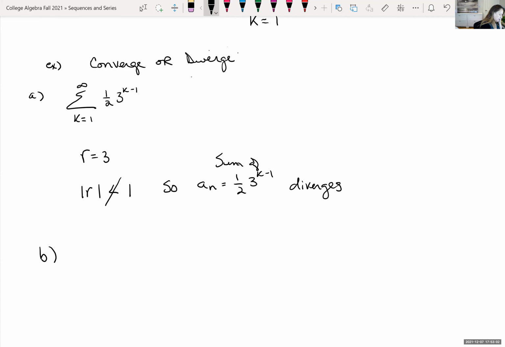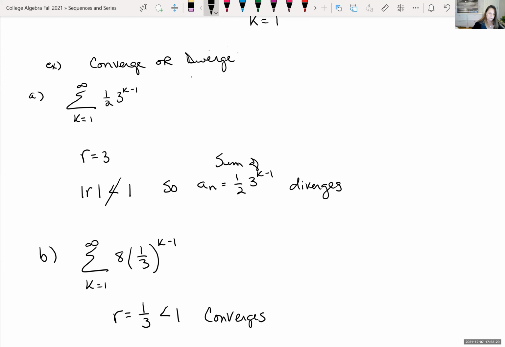Or maybe we have the summation from k equals 1 to infinity of 8 times 1/3 raised to the k minus 1 power. So our r value in here is 1/3. It's less than 1, so we know it converges.